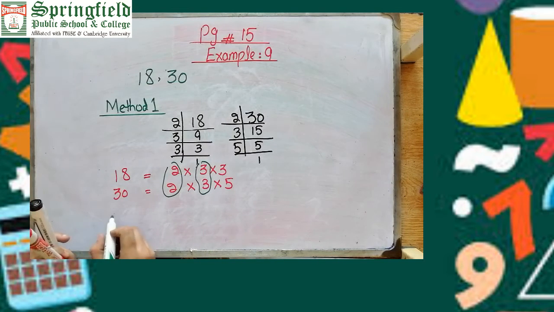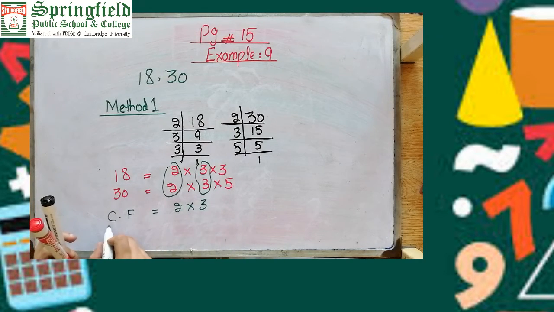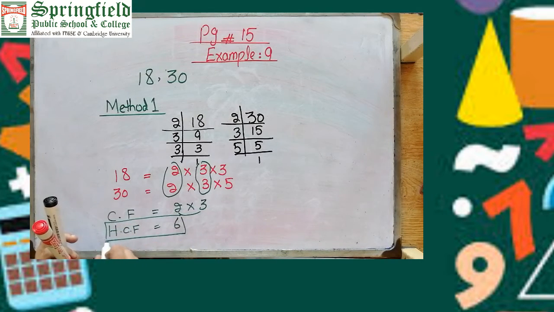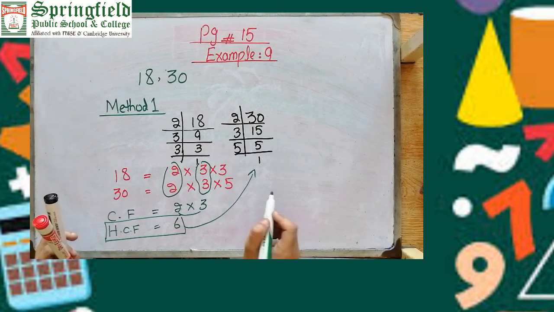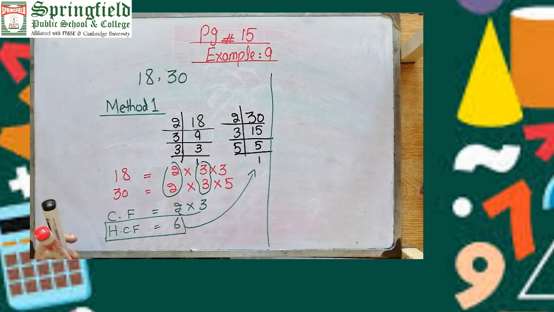So write the common factors: 2 multiply 3. What will be the HCF now? HCF is the multiplication of the common factors. 2 threes are 6. It means 6 is the highest common factor of 18 and 30. Now come to the second method.